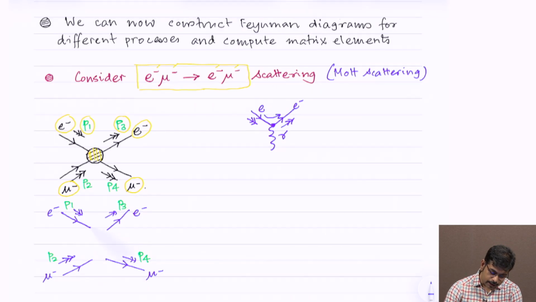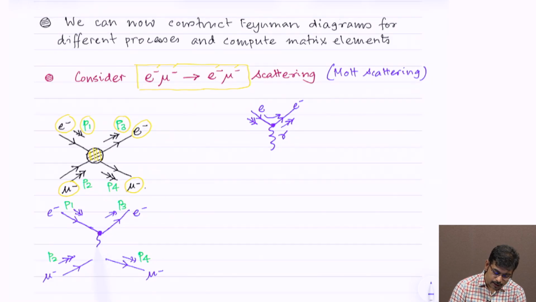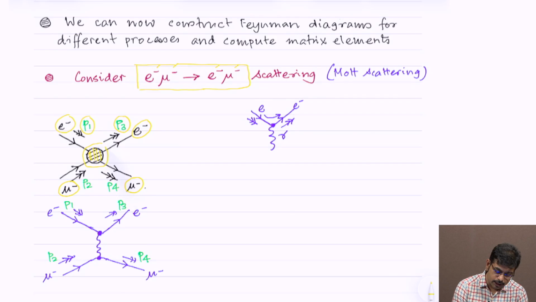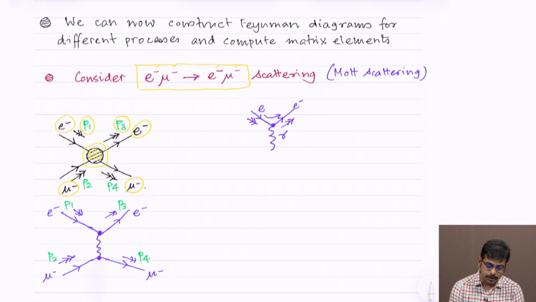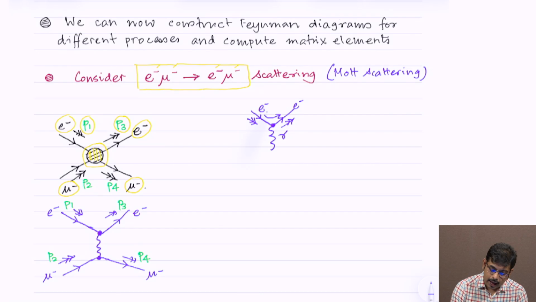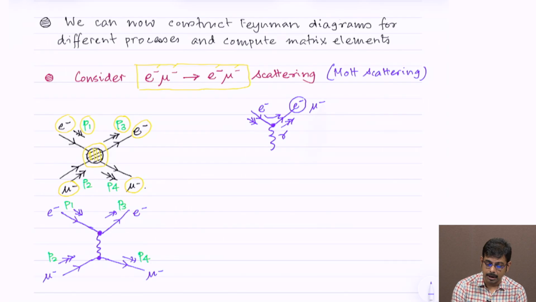So I can join these two vertices together into a blob, from which I can have a photon exchanged between the electron and the muon. This is how you can legitimize, or rather describe, this unknown vertex which I was drawing here, by stitching the electrons with a photon, and similarly the muons can do the same. I can replace this e- by a muon simply, and this is also a legitimate process.